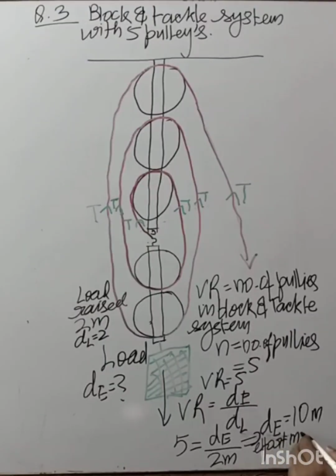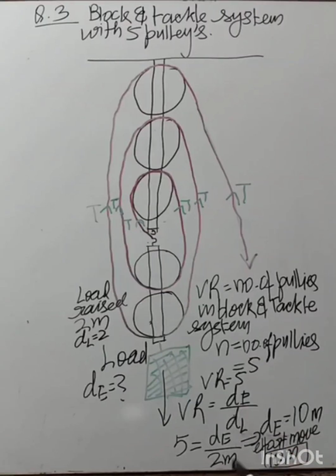Effort moves 10 meter. Right? This is the solution of the question. Load moves 2 meter. Velocity ratio is equal to number of pulleys and effort arm upon load arm, dE upon dL.